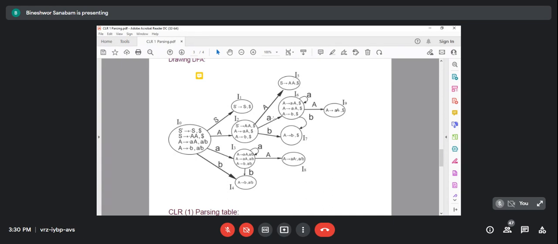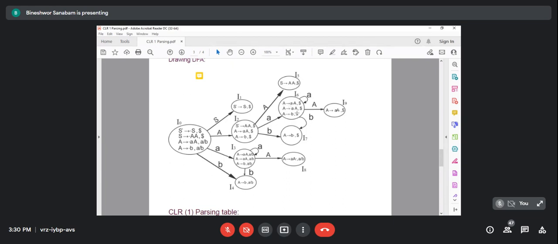And if you consider next small letter a, then we have to work with the second production, that's why A implies small letter a dot capital letter A. You have the non-terminal A again, so we have to include the productions of our non-terminal, in this case A. So we have to include these two productions, and the look ahead is the same as the first one.